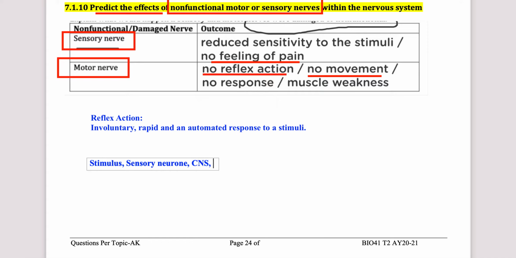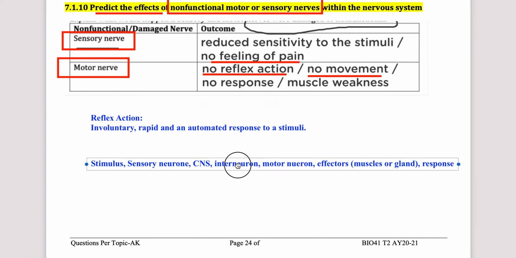This CNS then uses interneurons, and these interneurons carry the message and pass it on to the motor neuron, and these motor neurons then take the message to effectors, and these are either your muscles or glands, and then in the end definitely you will have the response. Okay, so the last step is response.